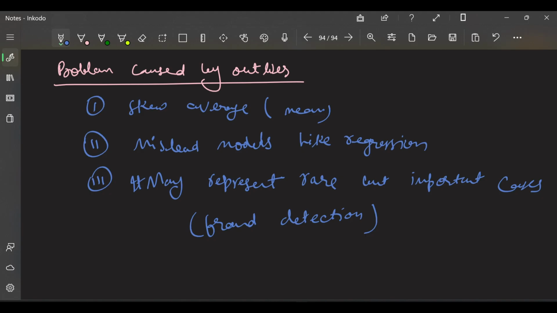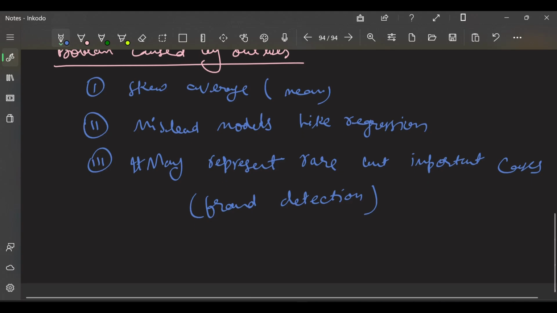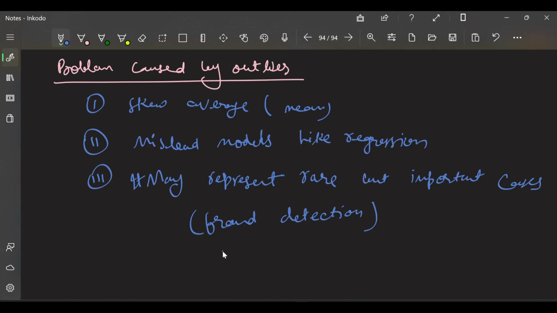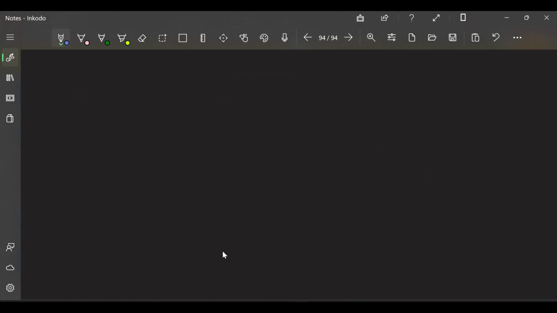So let's discuss the methods to detect outliers. Moving further to the next page.